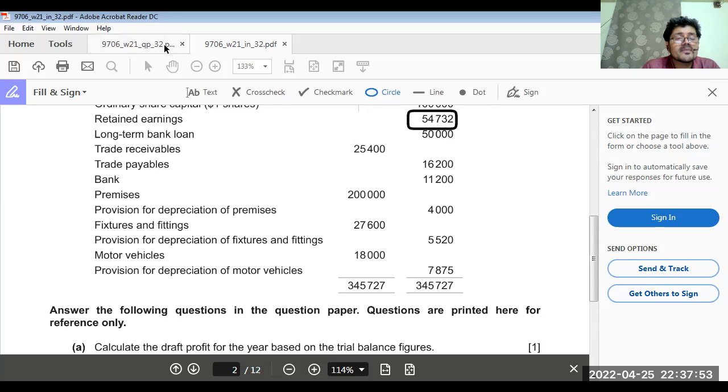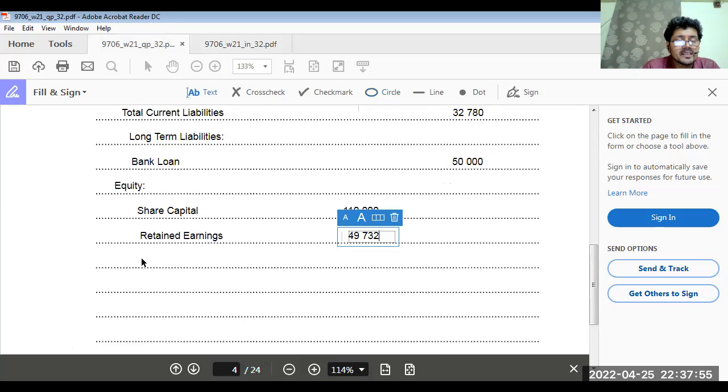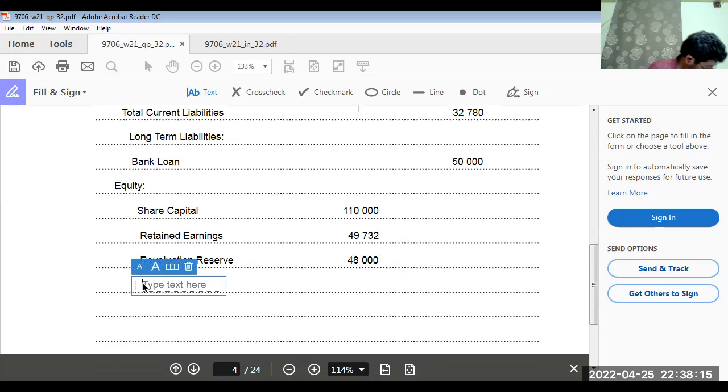Revaluation reserve, $48,000. Again, now next is general reserves, 14,000.